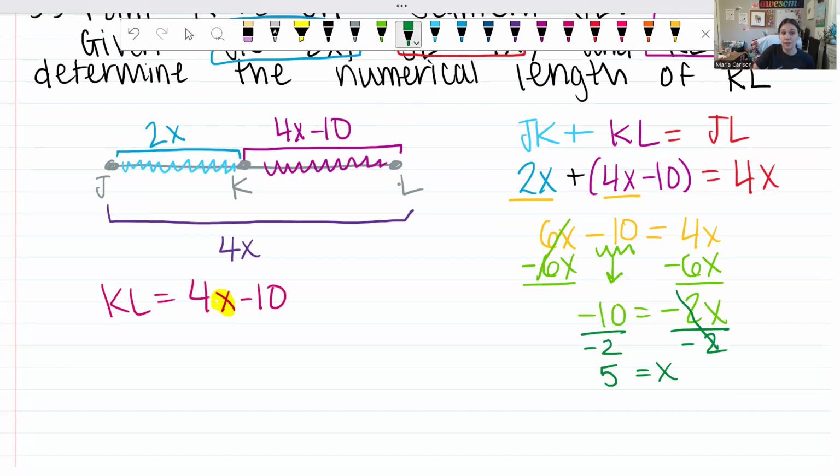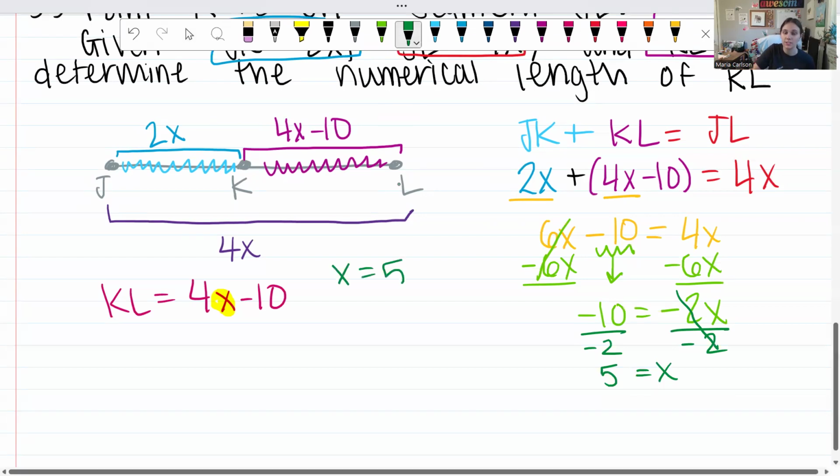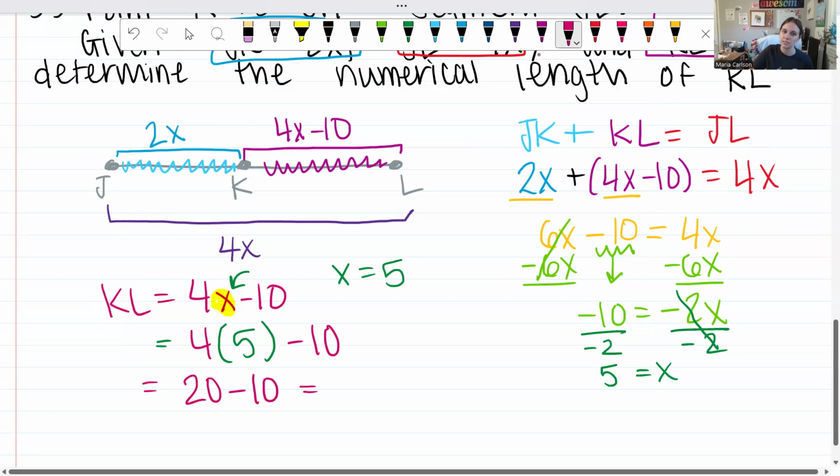So I now know that x is equal to 5, so where I see x in segment length KL, I can substitute in 5. So I have 4 times 5 minus 10. And using the order of operations, 4 times 5 is 20, minus 10 gives me 10. So KL has a length of 10.